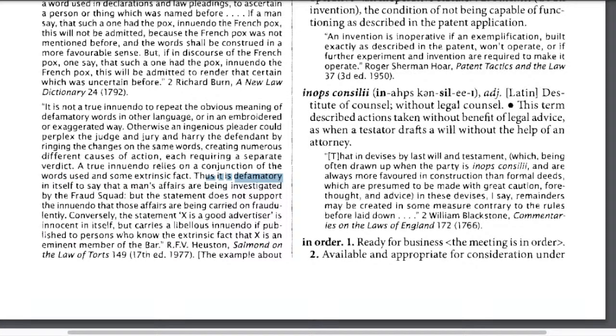Thus, it is defamatory in itself to say that a man's affairs are being investigated by the fraud squad, but the statement does not support the innuendo that those affairs are being carried on fraudulently. Conversely, the statement, X is a good advertiser, is innocent in itself, but carries a libelous innuendo if published to persons who know the extrinsic fact that X is an eminent member of the bar.